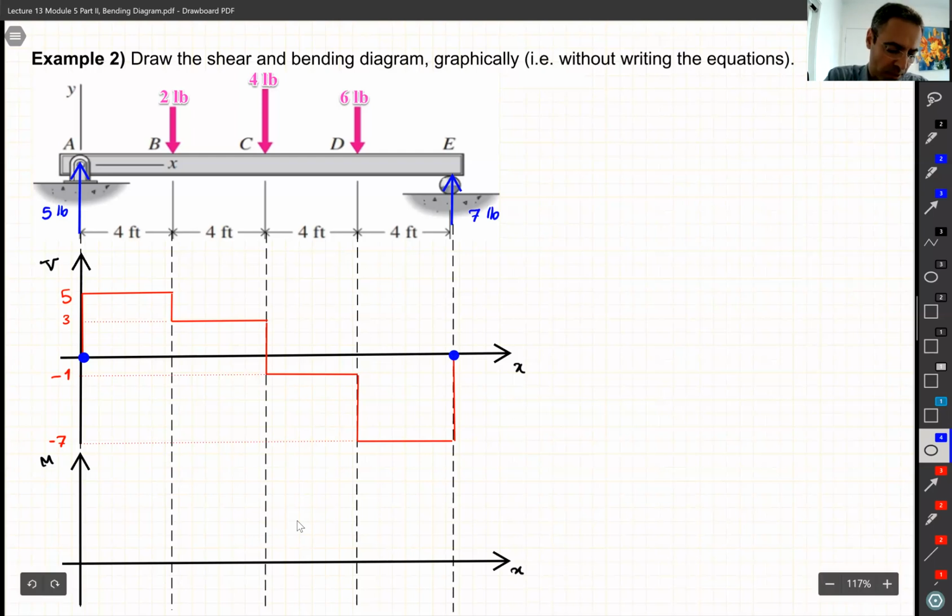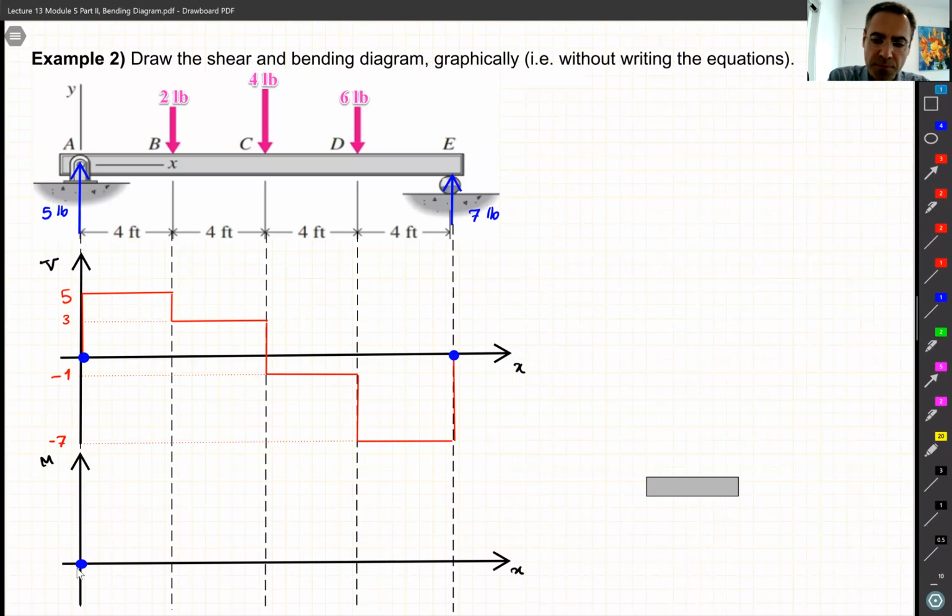At the beginning, M is 0 because it's a joint. And remember, a joint is always 0. The only case where it's not 0, I'm just going to remind you, later we'll solve one problem, is when we have a beam where, let's say, one end of it is fixed.